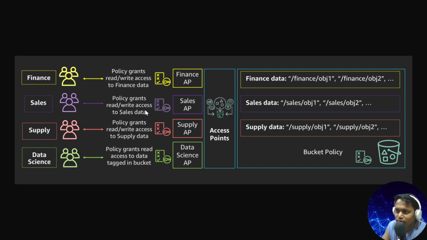By this, we can define separate policies. The policy grants read write access to finance data, to sales data, and to supply data, and data science may get read access to data tagged in the bucket. So using access points, we have granted read write or read permissions wherever required for departments like finance, sales, supply, etc.